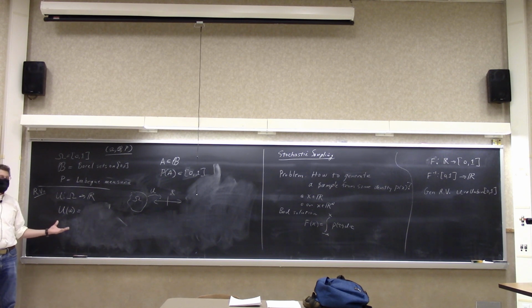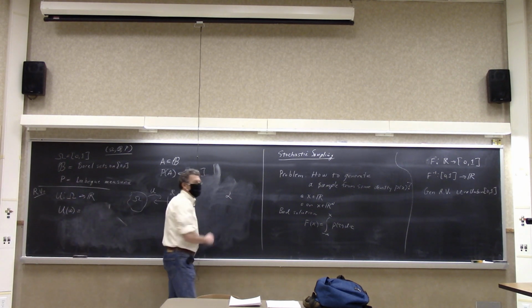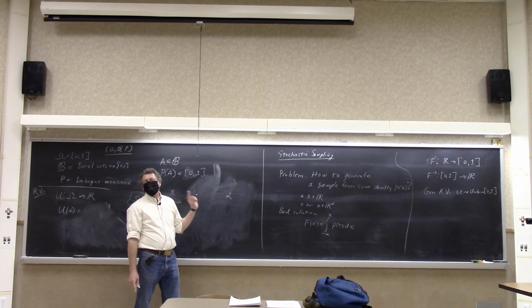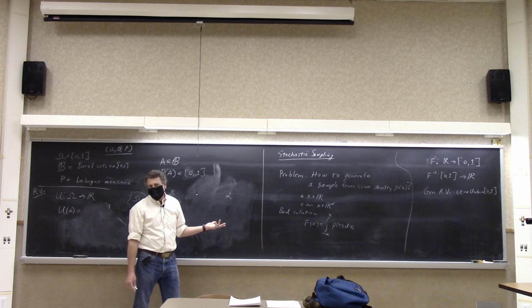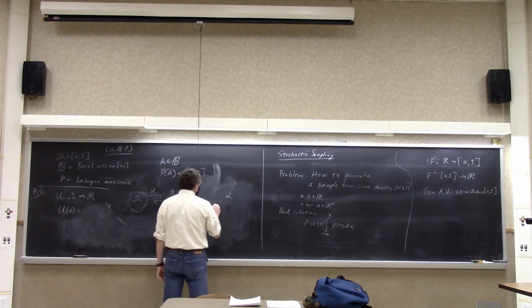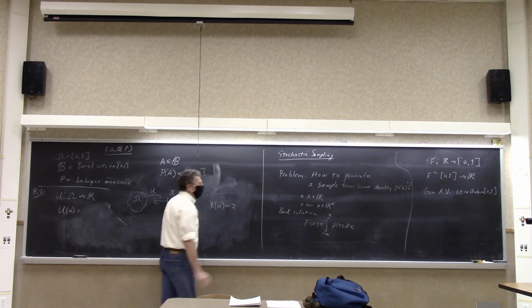Because this is maybe not the simplest. The simplest one would be if I just wanted the random variable. You can ask the question, is 2 a random variable? Technically speaking, it's not, okay? But it almost is a random variable, really, because you could just have the function x of omega equals 2, okay?